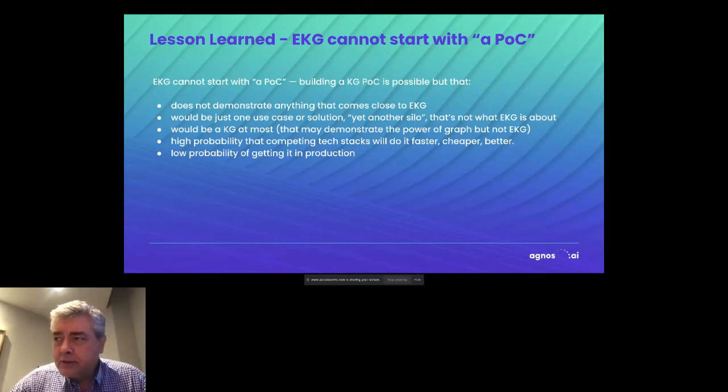Security questions, people will see this as a new animal that they don't know, and you can't get it in production in reality. We made that mistake many times. I'm doing this now for 12 years full time. Made many mistakes and many failed POCs, and came to the conclusion that that's not the right approach.